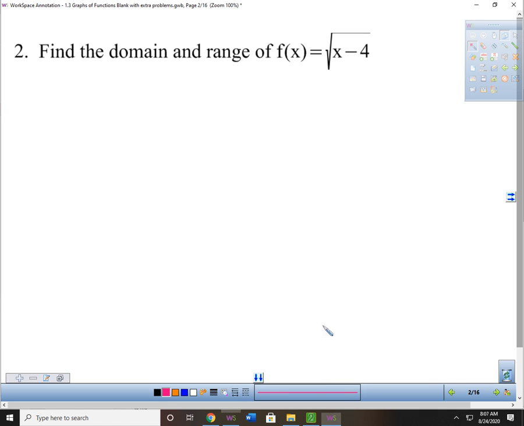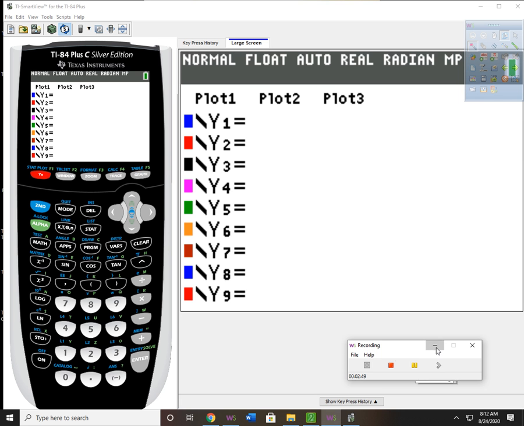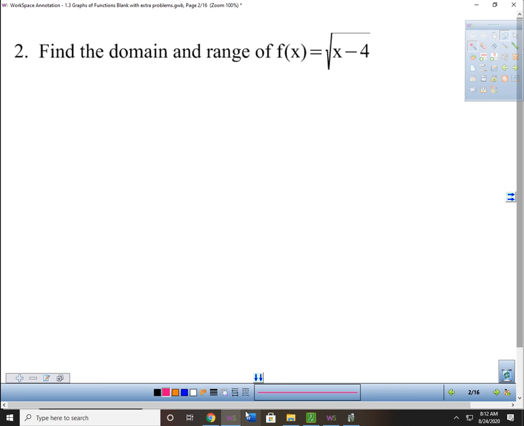All right, number 2, find the domain and range of f of x equals the square root of x minus 4. Now, since we're focusing on the graphs, we are actually going to graph this in the calculator. If I was solving for y and had a square root in the equation, I would do the plus or minus.